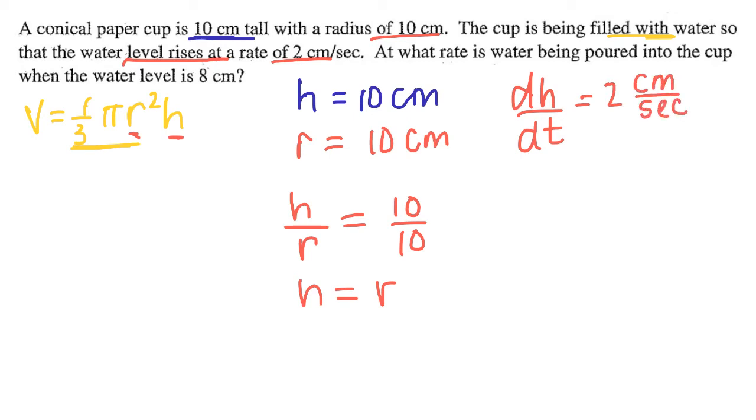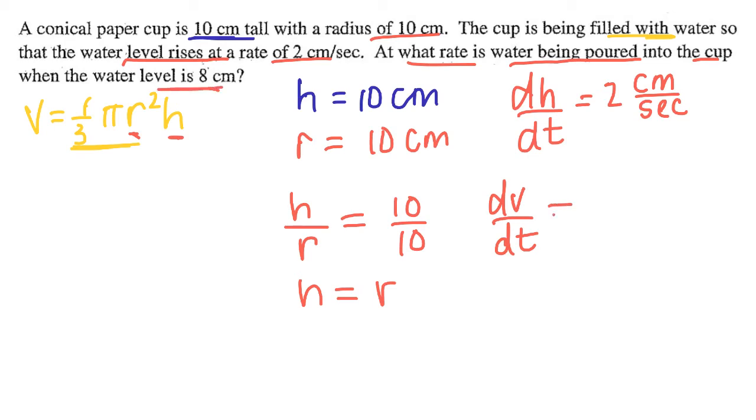So that helps. Okay. At what rate, oh, here it comes, is water being poured into the cup? That's going to be volume. So that's going to tell me that I need the rate of change of the volume. At what rate is the water being poured into the cup when the water level is 8 centimeters?